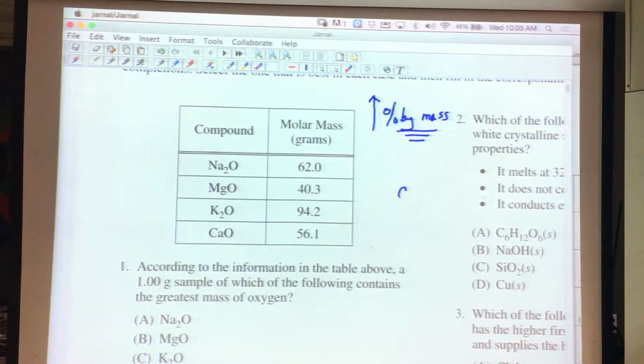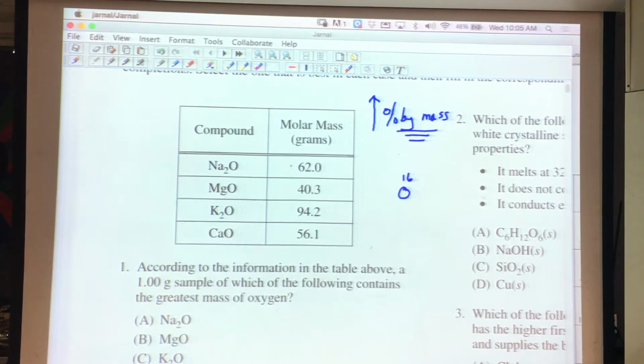I go to oxygen, atomic mass 16. Okay, so the difference in the mass is the difference in the element it's bonded to. So you must say to yourself, okay, then who has the greatest percent of oxygen, okay, then I'm going to think about who is the least massive element that it's bonded to that would give me the greatest percent, right?